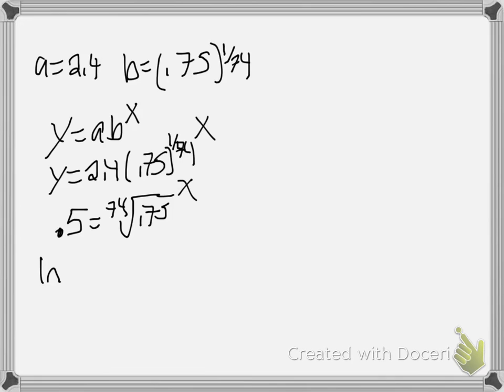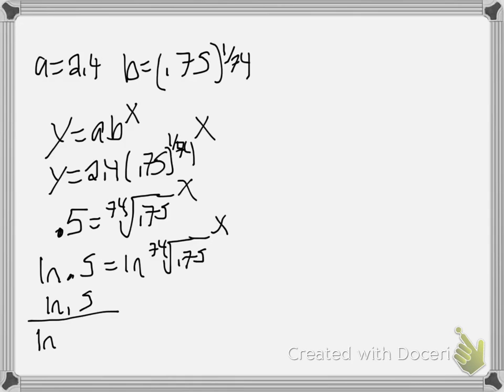So we have the natural log of 0.5 equals the natural log of the 74th root of 0.75 to the x. We'll bring our x down. So we now have the natural log of 0.5 divided by the natural log of the 74th root of 0.75 is equal to x.